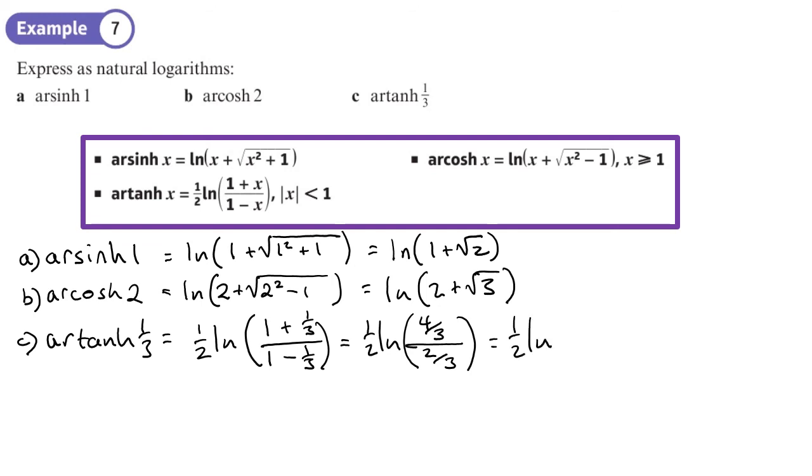So half log of 4 thirds divided by 2 thirds. I'm being lazy again, using a calculator. It gives me 2. So you could leave it as half log 2, but the half can be brought to the front as a power. So you get log 2 to the power half, or you could say log root 2.